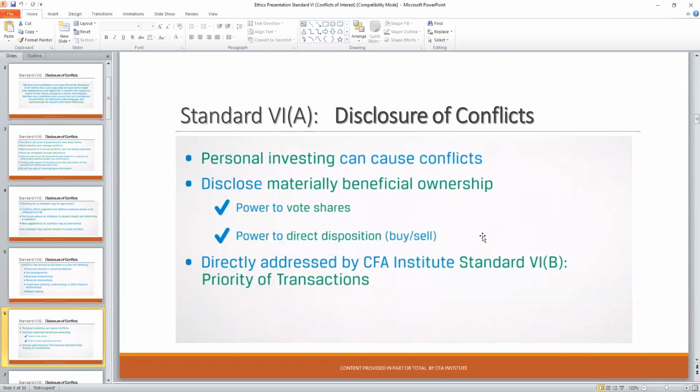Personal investing can cause a conflict, right? So you may want your investments to go in a certain direction, so that may influence your decision making. So disclose materially beneficial ownership. That includes power to vote shares, power for direct disposition, to buy or sell. Directly addressed by the CFA Institute Standard 4B, priority of transactions.